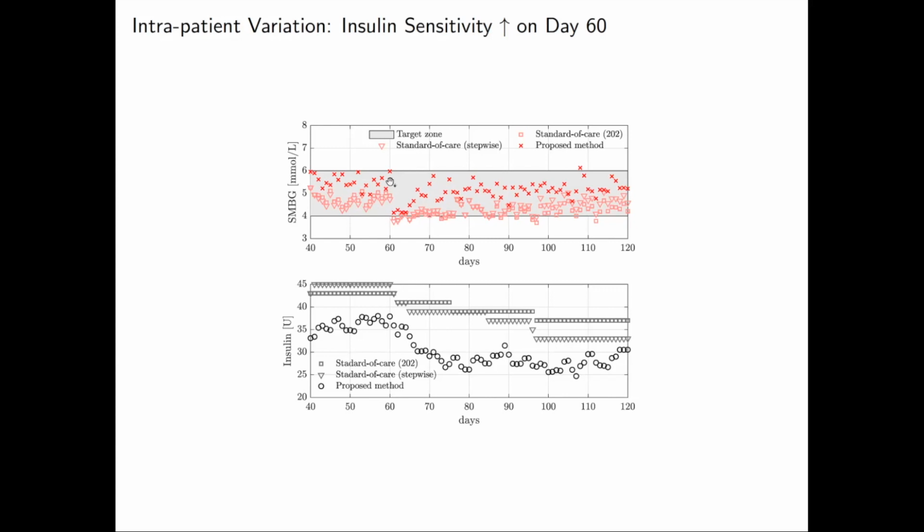And we see that on day 60, when the insulin sensitivity increases, the proposed approach promptly reduces the insulin dosage to avoid any hypoglycemic events and keep the blood glucose measurements at the target zone of 5 millimoles per liter. However, the standard of care approaches are a little bit more sluggish, and this leads to several blood glucose measurements below 4 millimoles per liter, leading to hypoglycemic events.